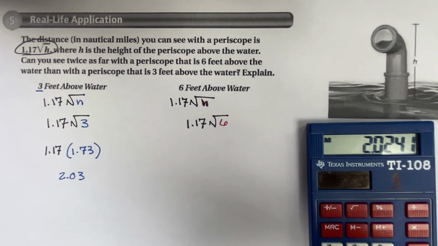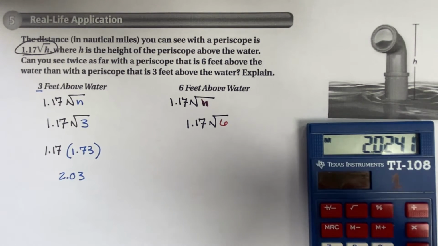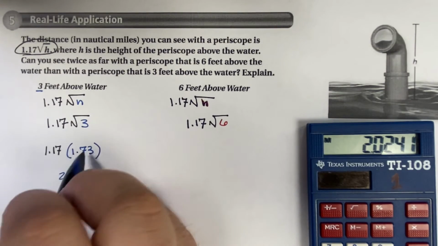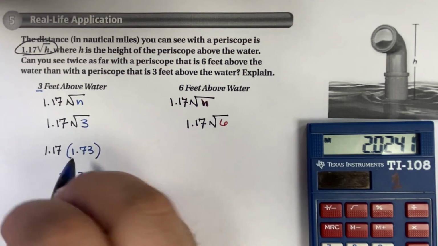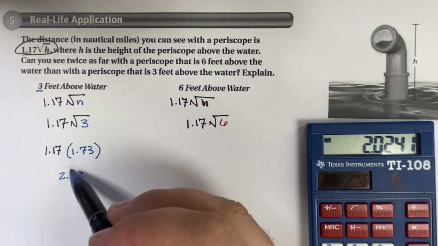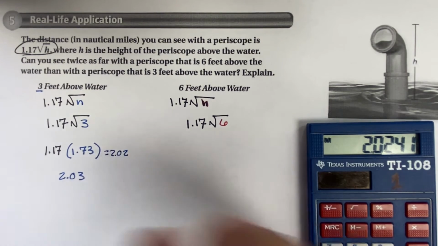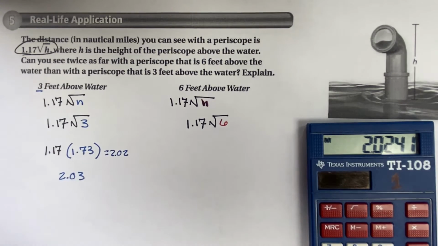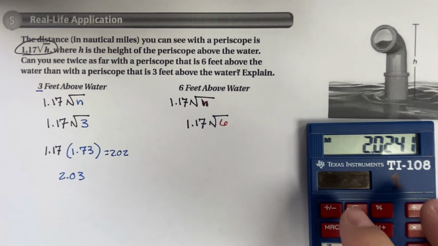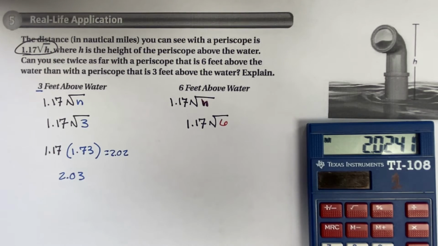You want to use as much of the actual number as possible until the end. That's when you round. So these two do not actually equal each other. This actually equals 2.02 because I'm rounding, which is not 2.03. Keep that in mind.